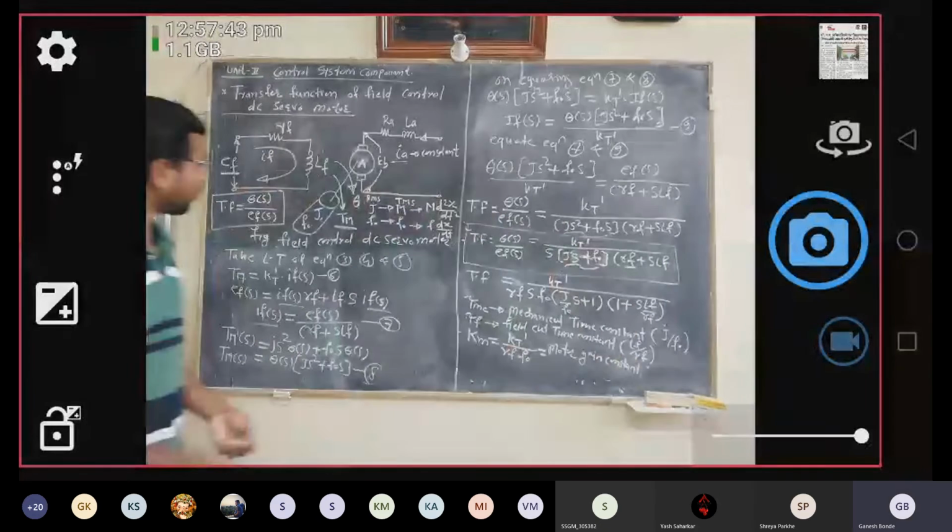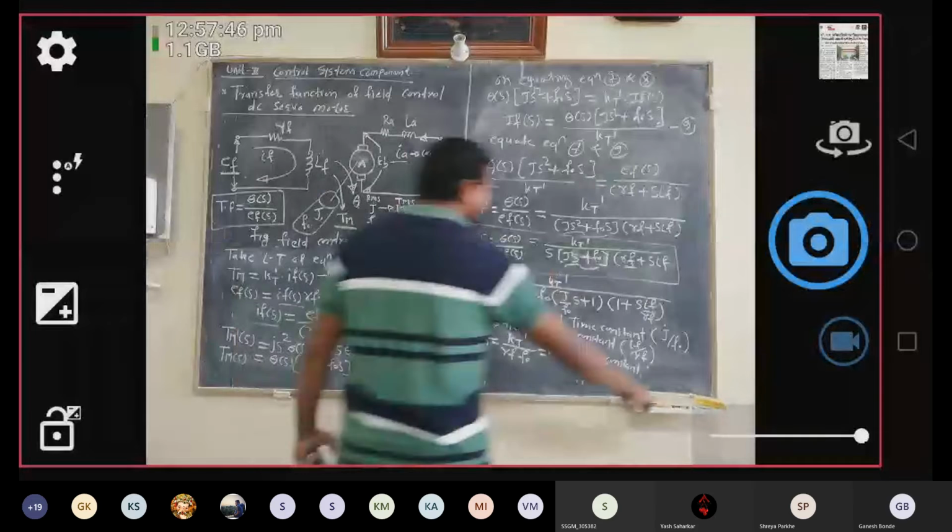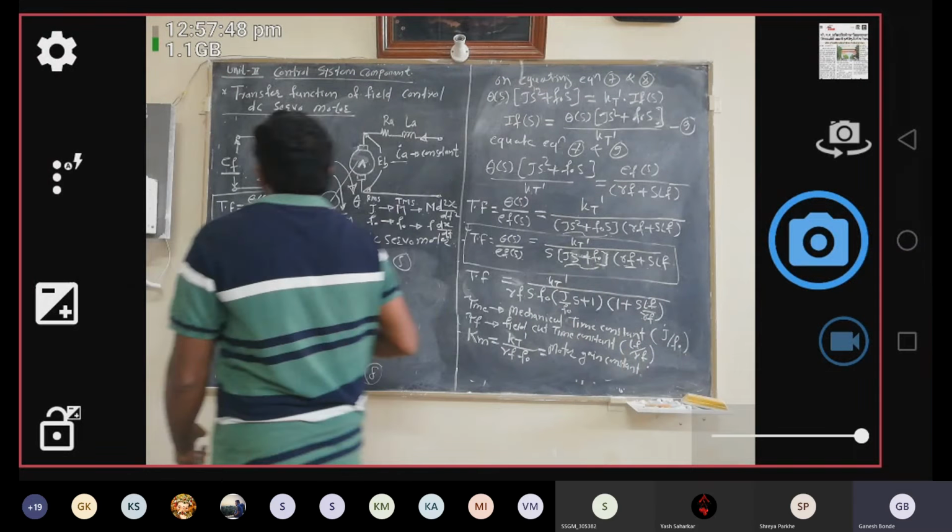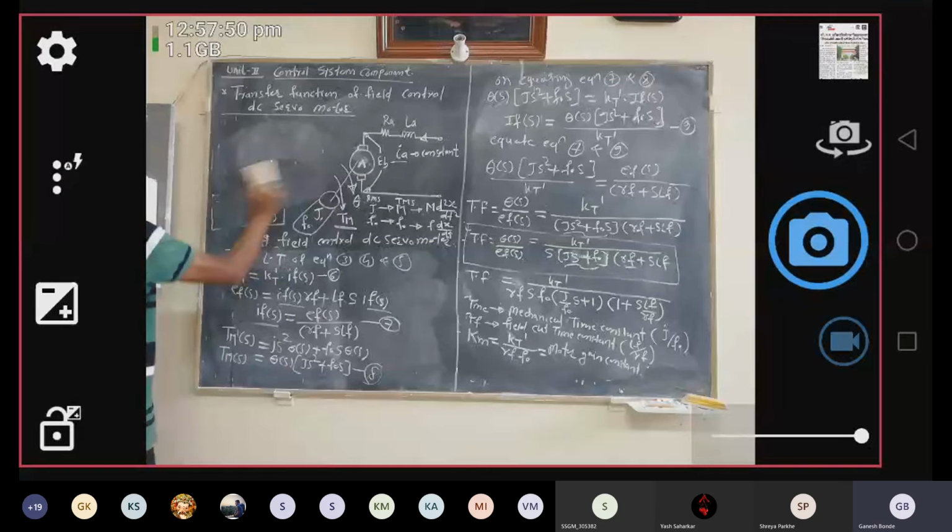Therefore your overall transfer function in time constant form is defined like this.